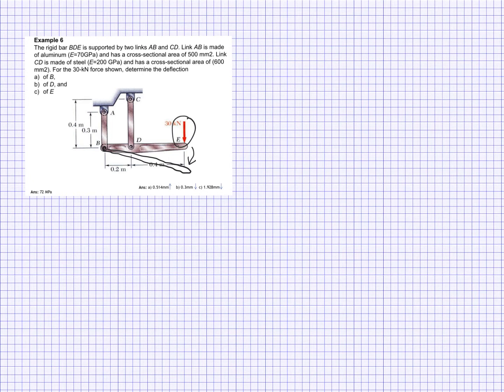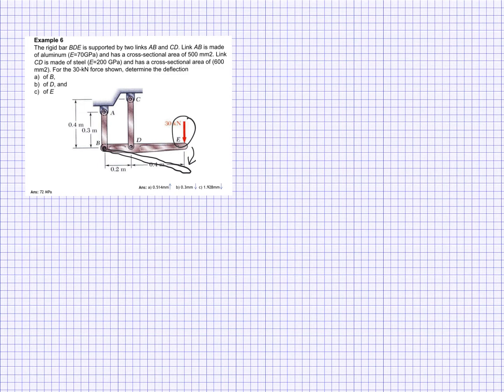Now, whenever the bar is moving downward, it rotates like this, and we are going to calculate the deflection that will happen to link AB and link CD, right?